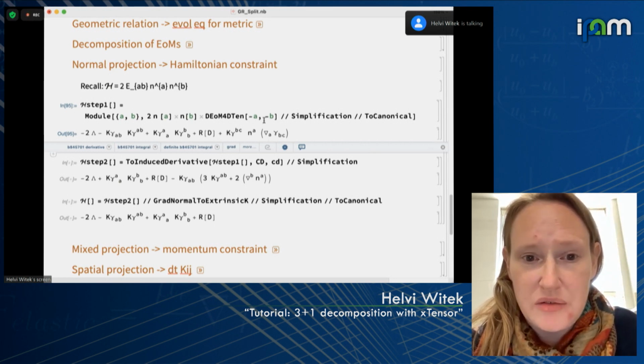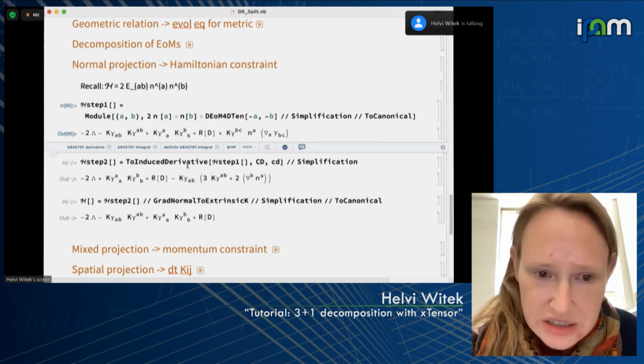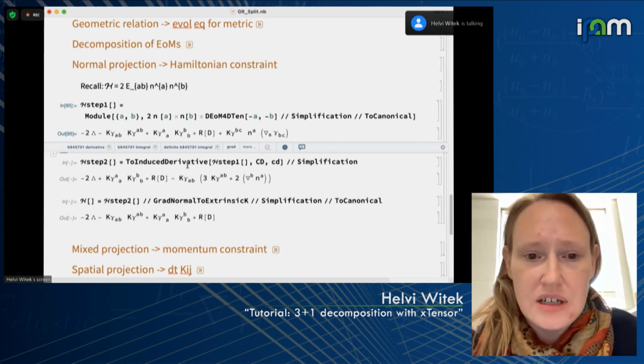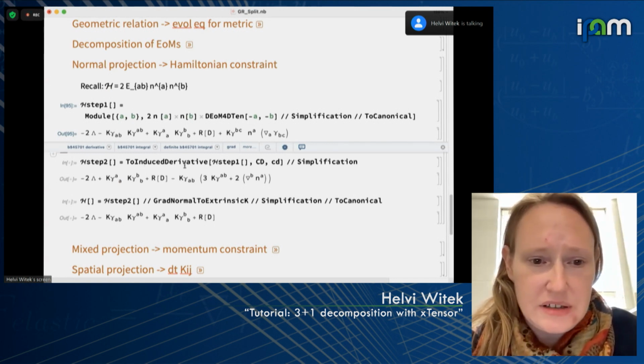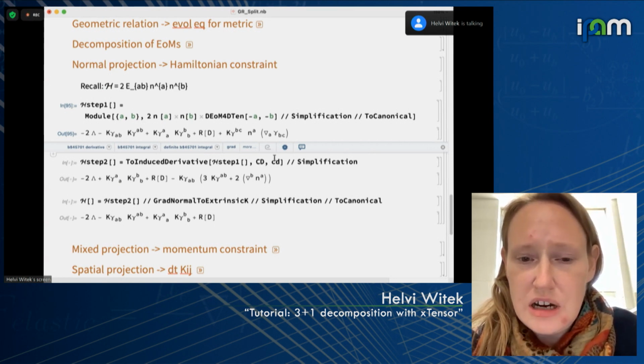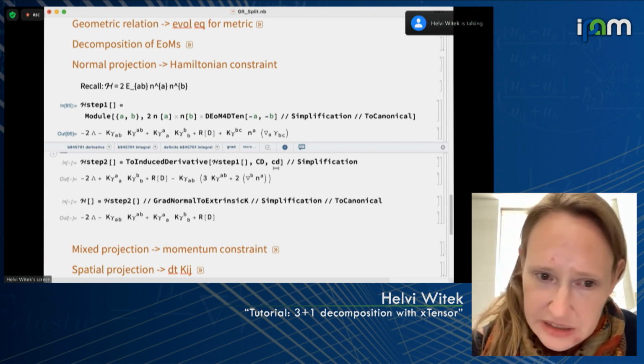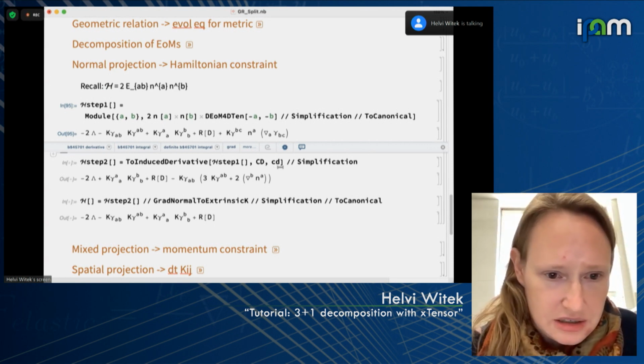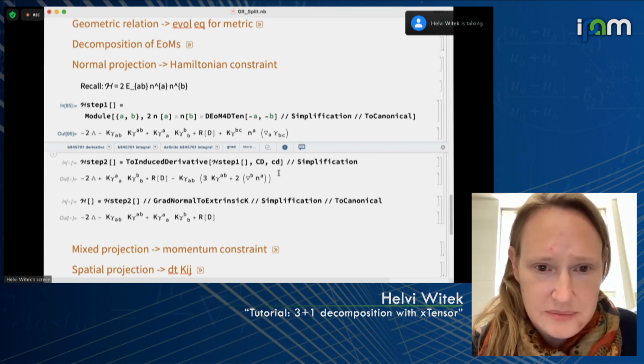So we want to get rid of this one, and we can replace this by applying this command to induce the derivative from our four-dimensional covariant derivative to our covariant derivative with respect to the induced metric. If we do that, this is the result that we get.